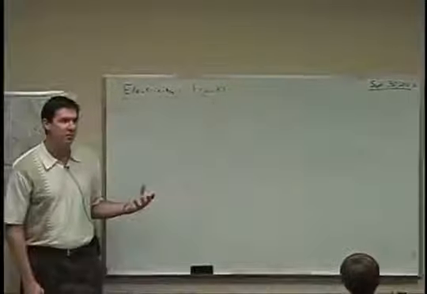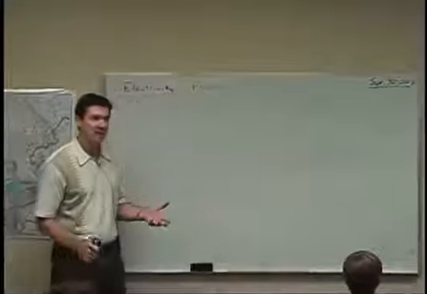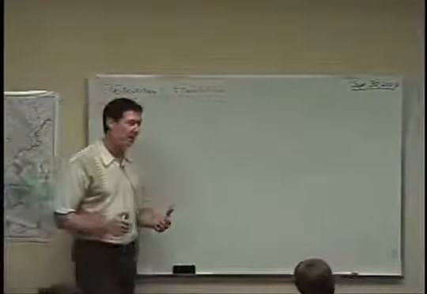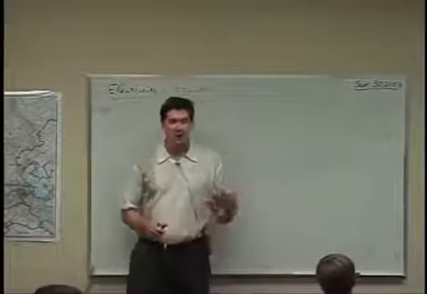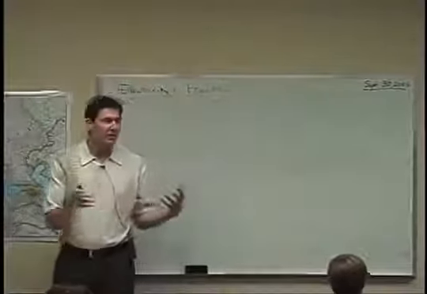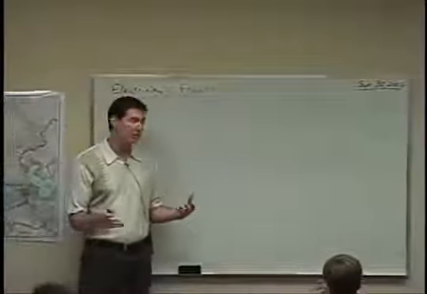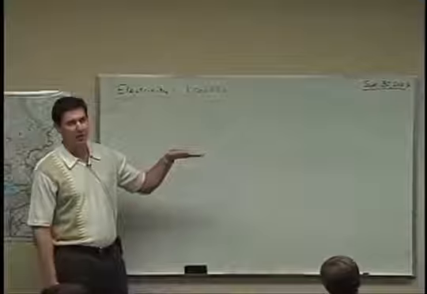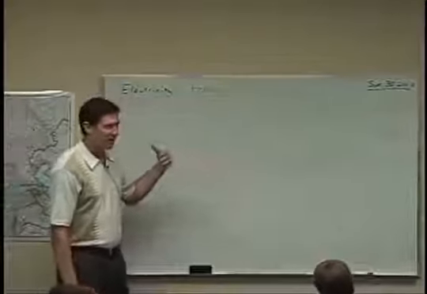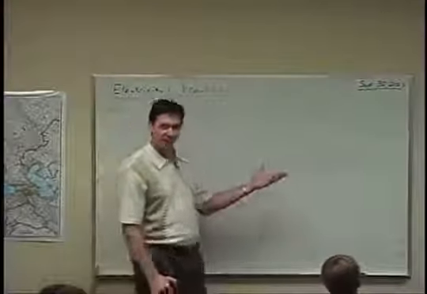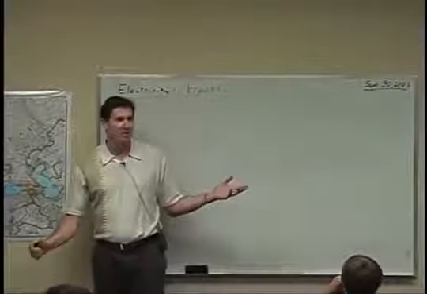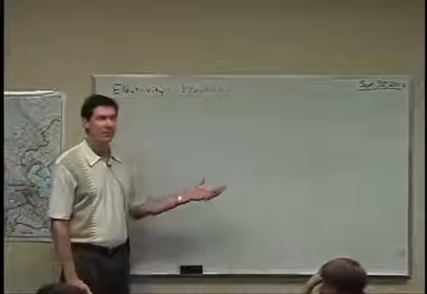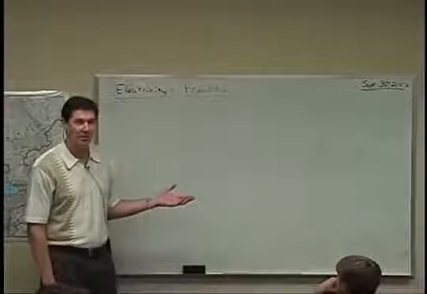First, Franklin assumes that all bodies have an electrical fluid in them. And when bodies don't exhibit any electrical properties, as most bodies don't, that just means they have the normal amount of electrical fluid. If they have more than that, Franklin says they're electrically charged positively.